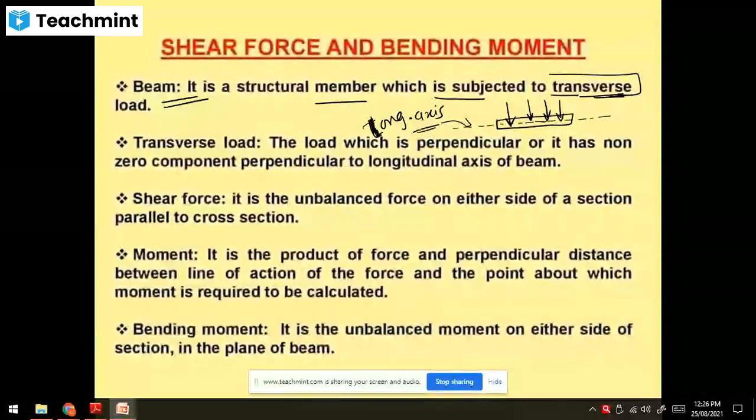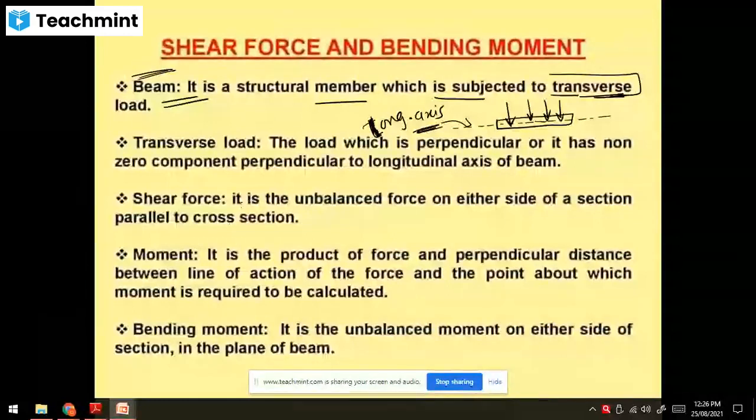The load which is perpendicular to the longitudinal axis is called a transverse load. And the structural member which is subjected to the transverse load is called a beam.